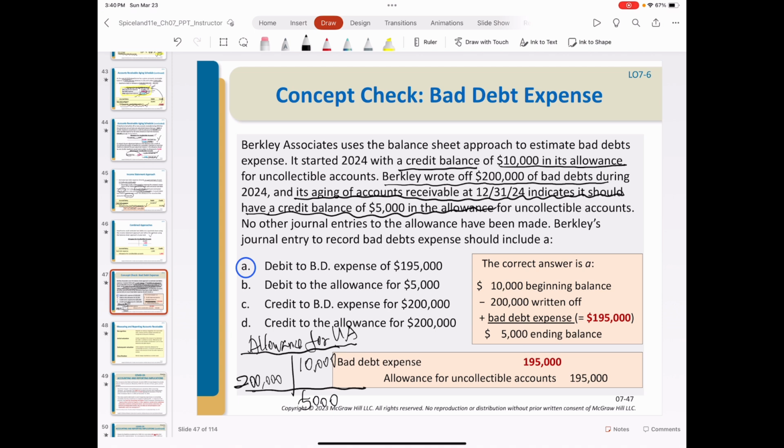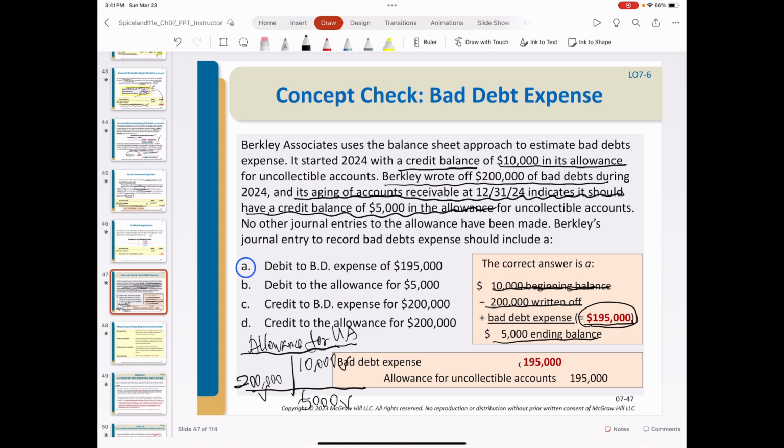So here, we have these three pieces of information: beginning balance, ending balance, and the write-off. Then, what's the adjustment? The adjustment actually is $195,000. The calculation is the beginning credit balance, subtract the $200,000 debit, then make another credit adjustment, and the ending balance is $5,000.